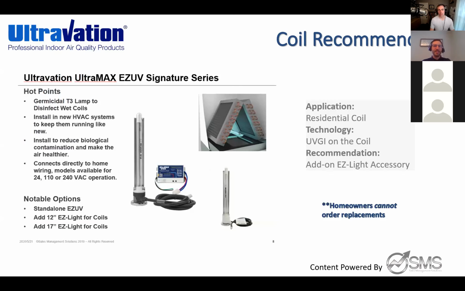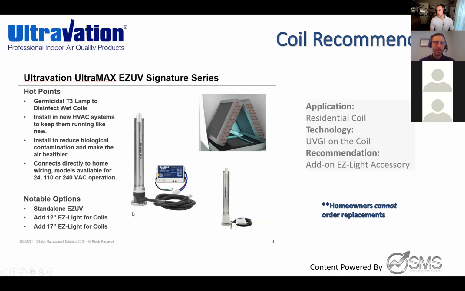All right, so this is our Ultravation Ultramax EZUV Signature Series. So Signature Series does come with a lifetime warranty. You'll find that on a lot of our Signature Series products. Some of the hot points on this: it's a germicidal T3 lamp to disinfect wet coils. So this is another example of our T3 lamp.